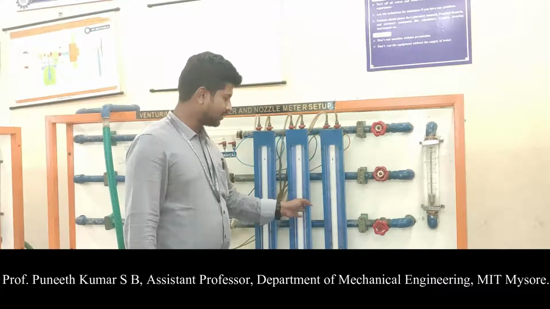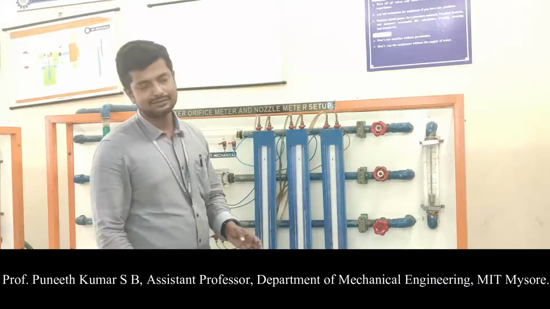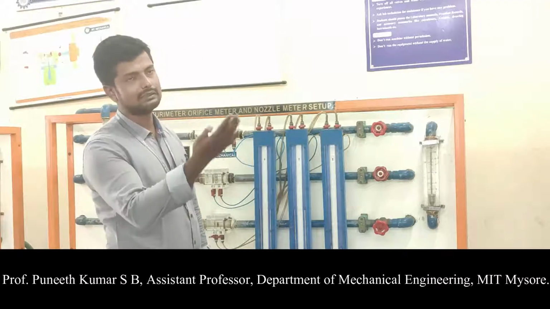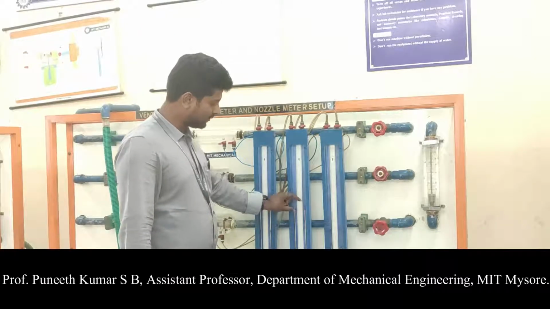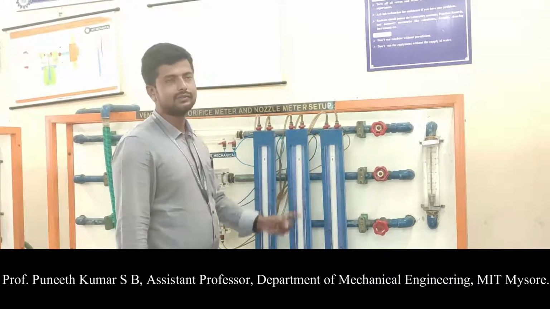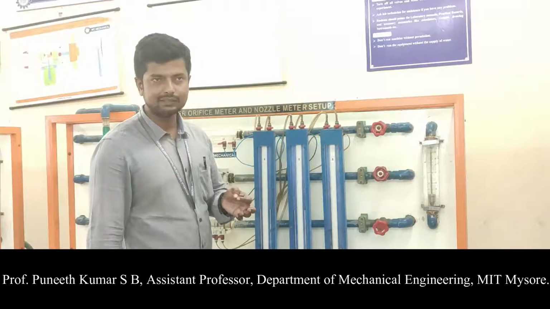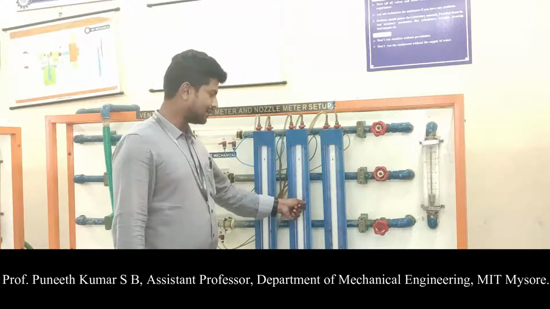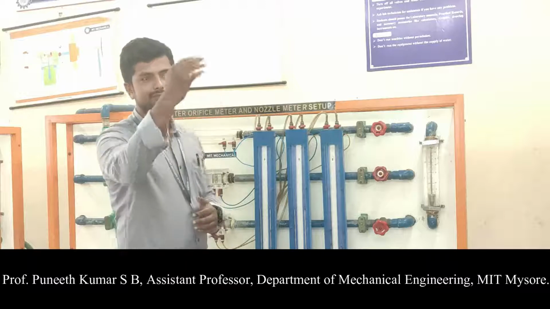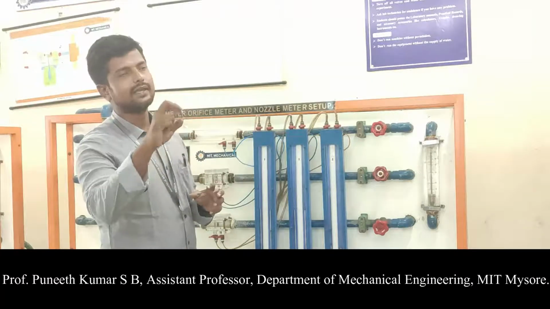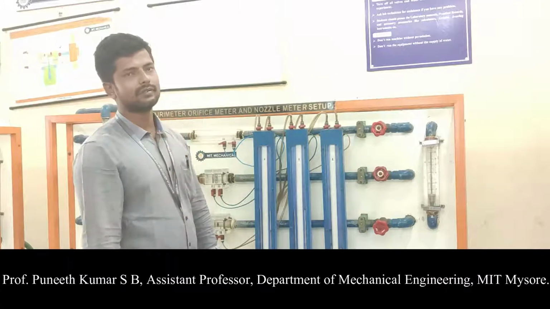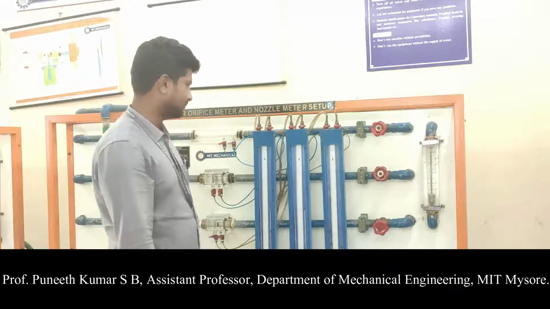On the right-hand side, if the pressure decreases, the level increases. By looking at the difference in mercury level, we note down the readings of the left limb and the right limb, and then in the tabular column we extract the effective difference of mercury between left and right.